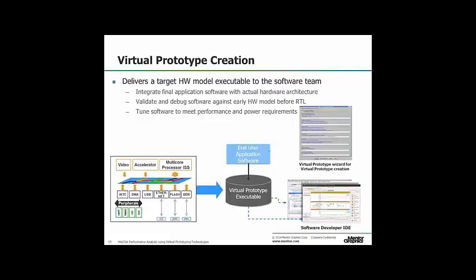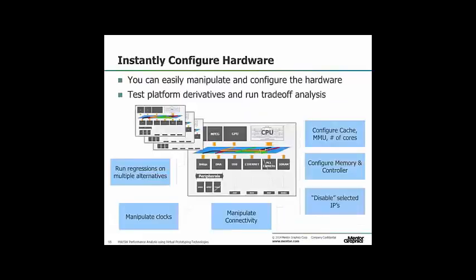However, I said that the architecture of the platform, the topology, cannot be changed, but it is possible to manipulate and configure parameters that are exposed to the platform. So this can be done by using something like a parameters file to configure pieces of the platform. So for example, you may want to change clock speeds or cache sizes, memory sizes.